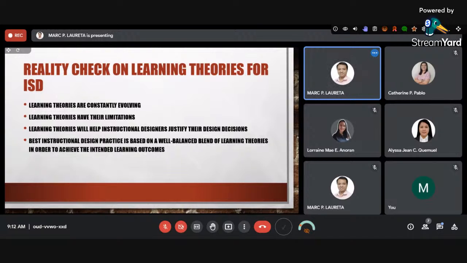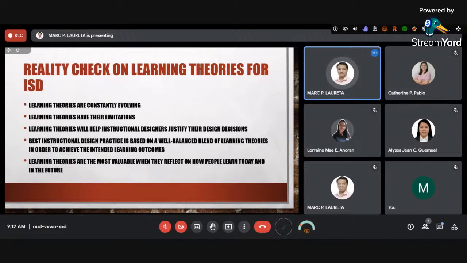Then next we have the learning theories are the most valuable when they reflect on how people learn today and in the future. So in other words, we need to constantly revisit, no, the validity of certain learning theories in order to meet the instructional needs we have today.